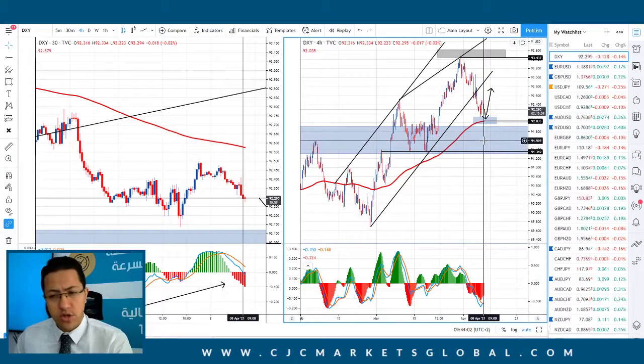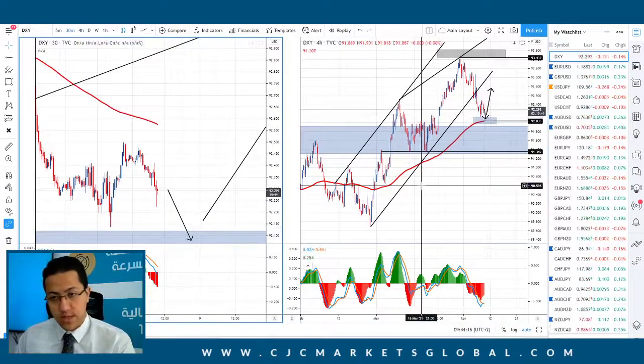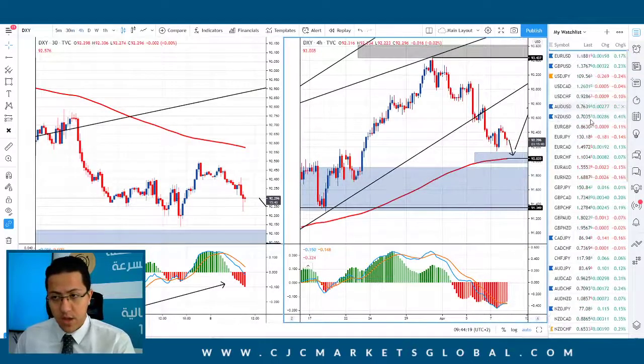The support is just around the 91.50 points, so we will be waiting for the more favorable scenario, which is the upward price action from this level of 92 points. So we will be waiting during the day, and we'll see what will happen on the dollar index.